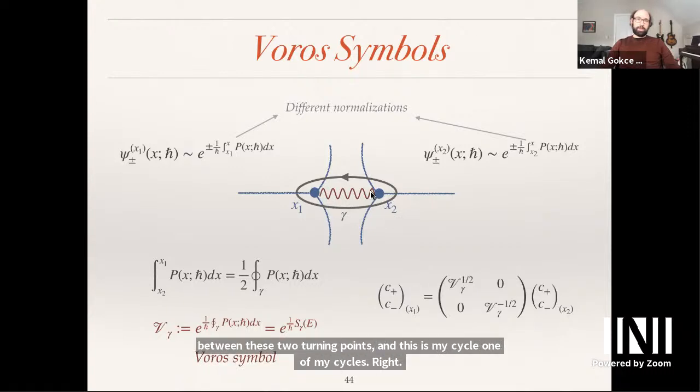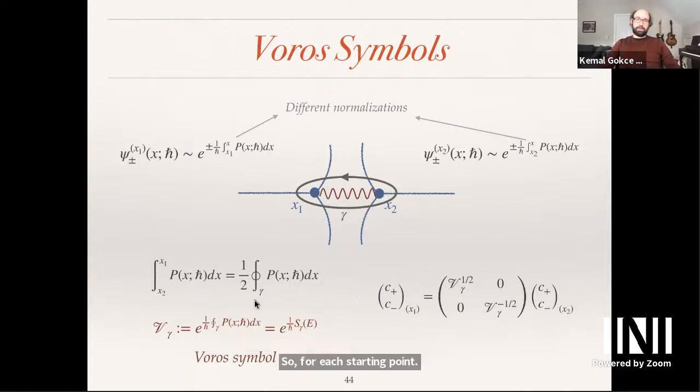So for each turning point, this matrix depends on h bar and of course the energy, and that function is nothing but my quantum action. And the exponential of that has a name. It's called the Voros symbol, of course, named after the seminal work of Andrei Voros.